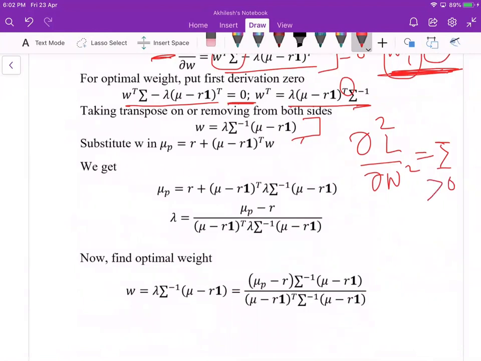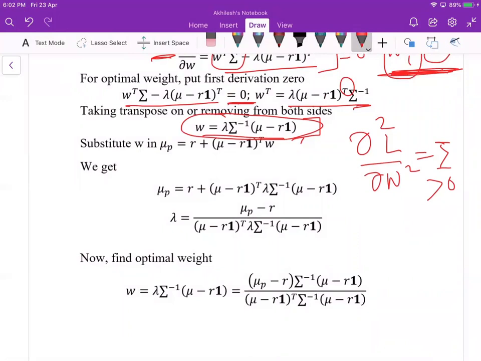When the second derivative is greater than 0, the optimal value which we reached is for the minimal condition. Means that the value of W is this one for L to be minimum. And this is what we are doing. And now we already have the return on the portfolio, this formula.